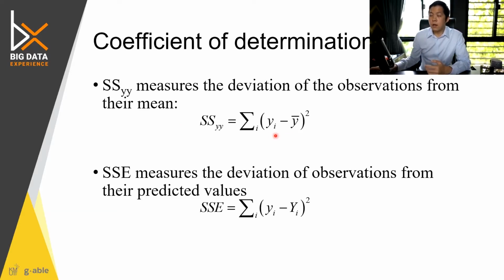So it is the sum of yi minus the mean of y, squared, and you get the sum square YY. Sum square error comes from the summation of actual y minus the predicted y, squared, and you get the sum square error.